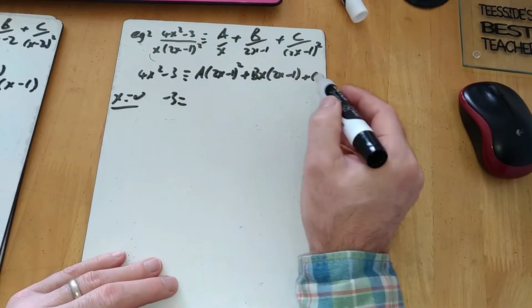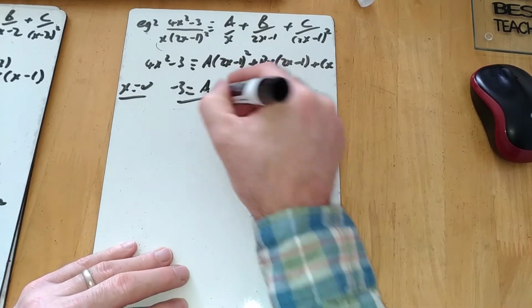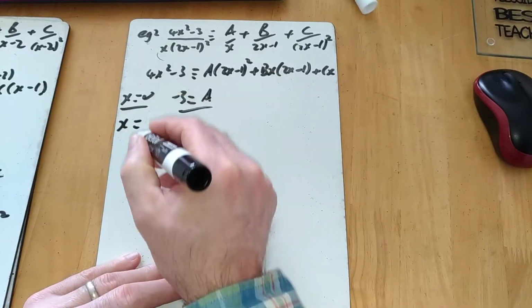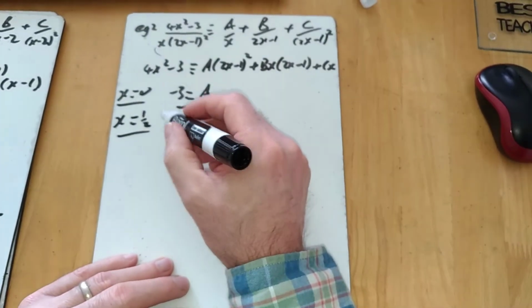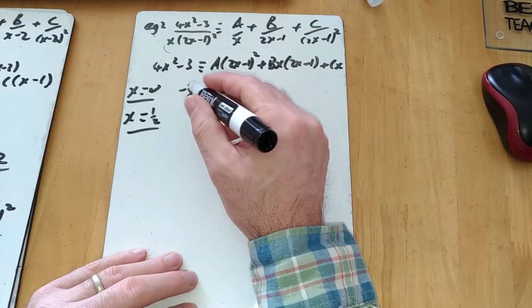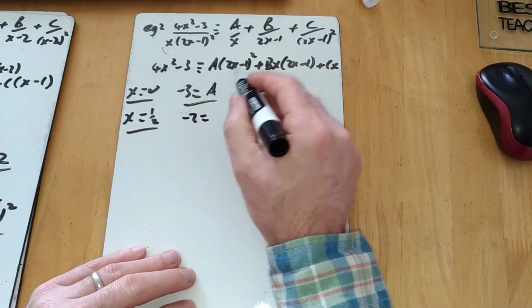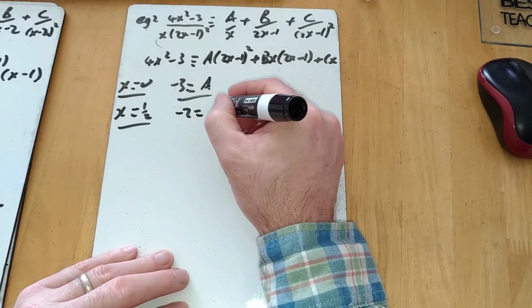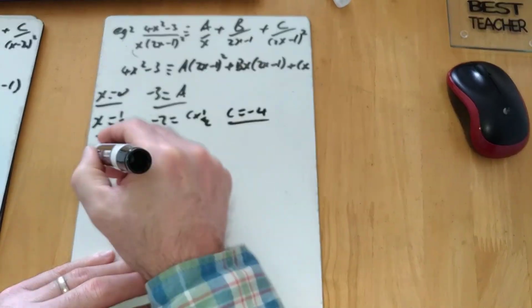So x equals 0 gets rid of two of them: minus 3 equals, that's 0, that's 0, a times minus 1 squared, so a equals minus 3. x equals a half is my other one: 4 times x squared is 4 times a quarter, so 1 minus 3 is minus 2, that's 0, and c times a half, so c equals minus 4.